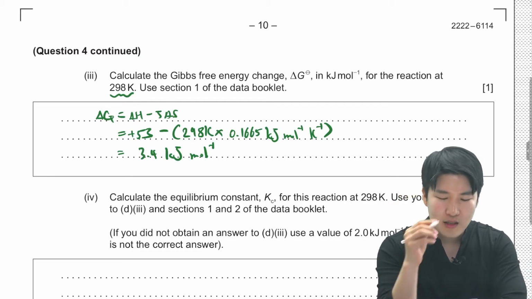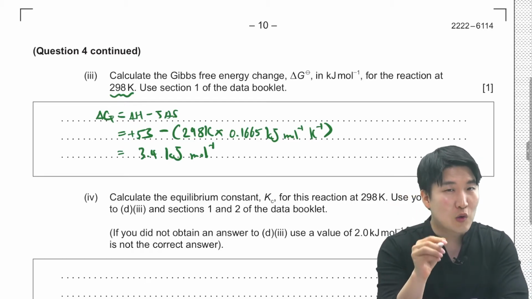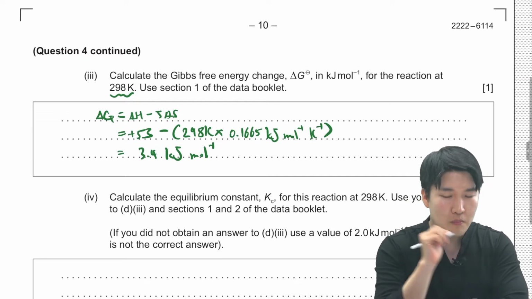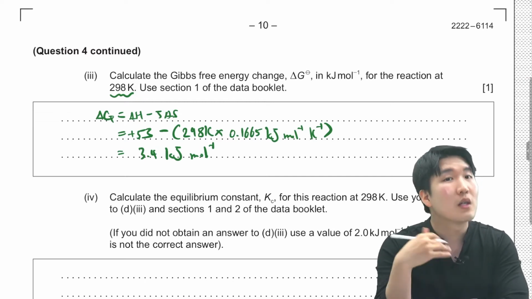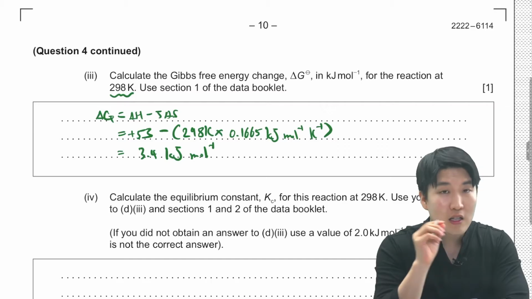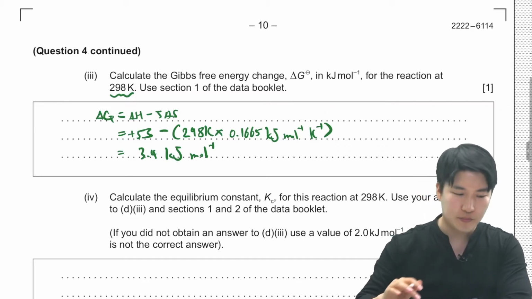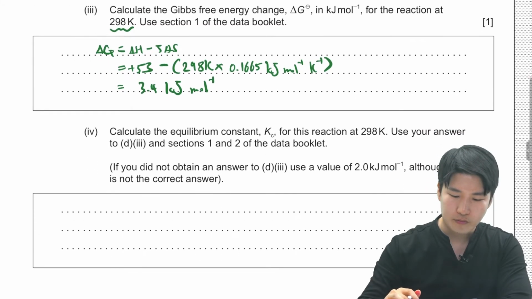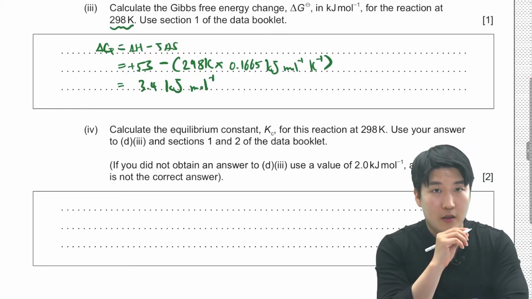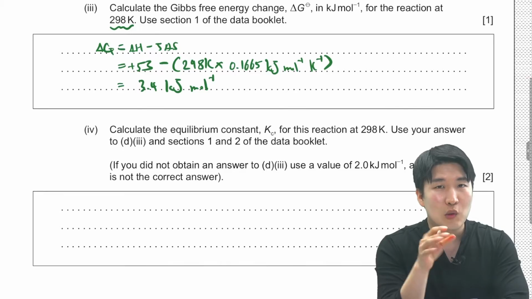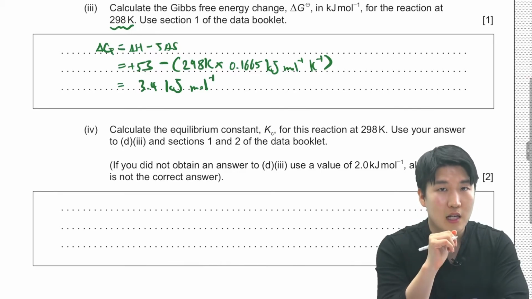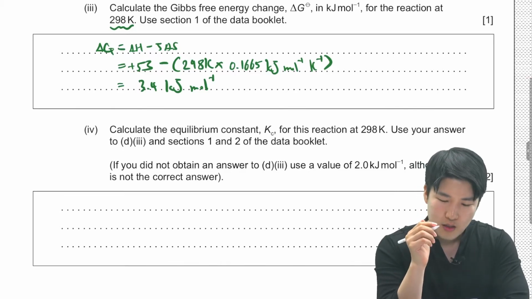That means that our reaction is going to be non-spontaneous. A positive delta G value means that the reaction is non-spontaneous. Nicely linked to Kc calculation question type.